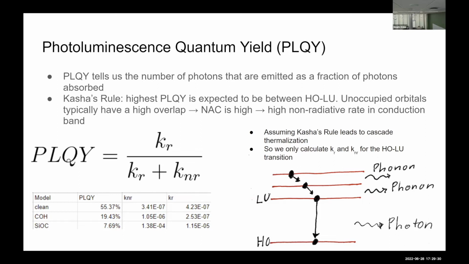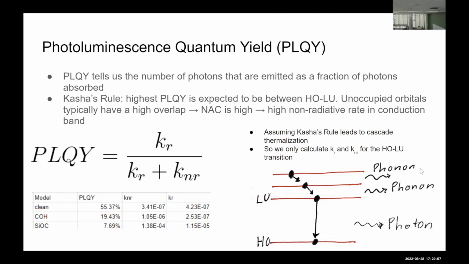Then the only transition that will release a photon is between the LUMO and the HOMO. This doesn't happen all the time, which I'll talk about in a second, but it greatly simplifies this equation on the left. If you are concerned about photon emission from higher excited states, this equation becomes much more complex.